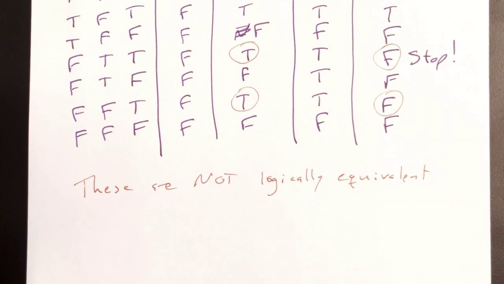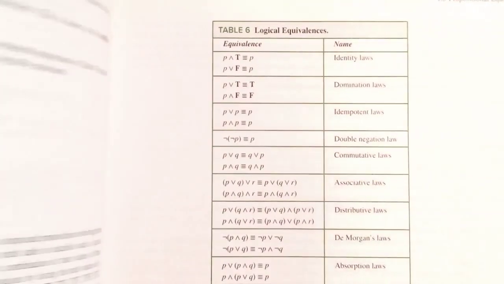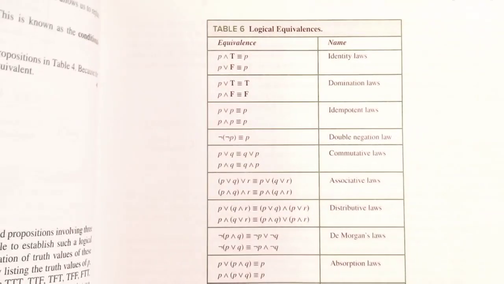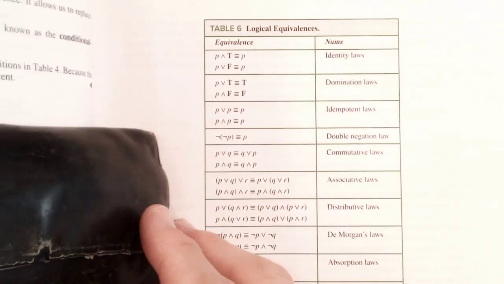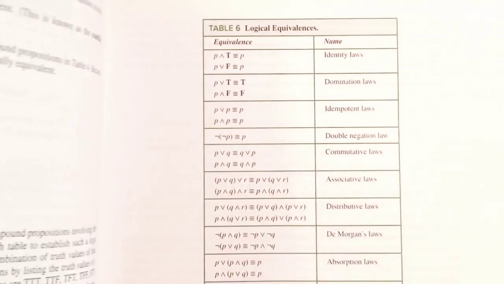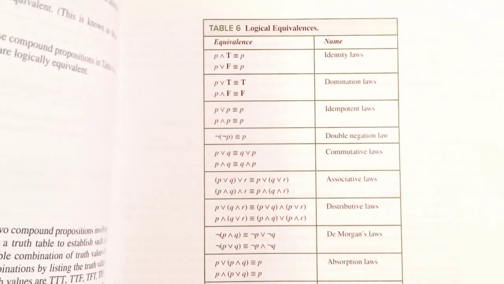Let's play with these. 29. There are 3 different tables here. Table 6, 7, and 8. These first sets in this one have names.